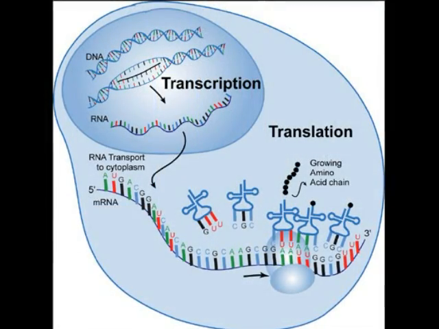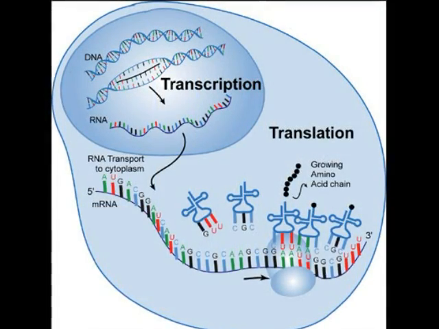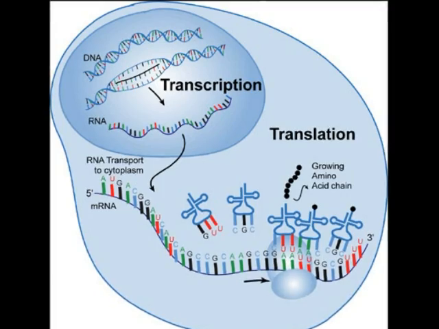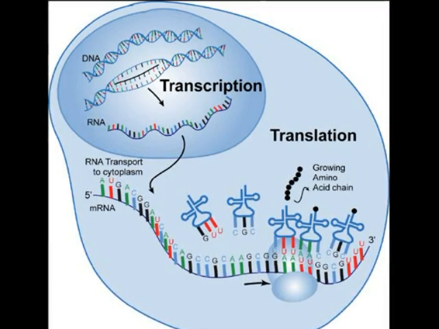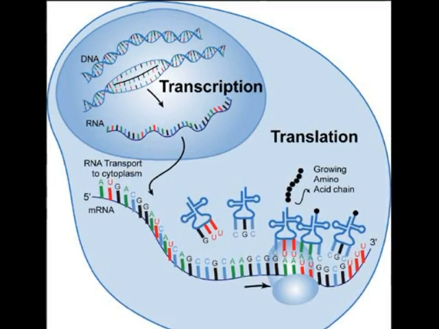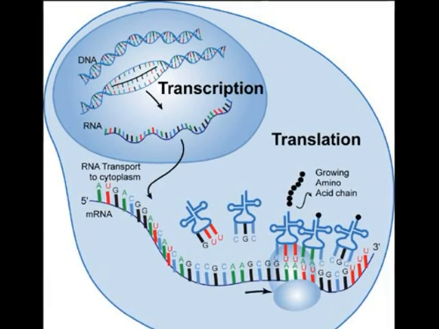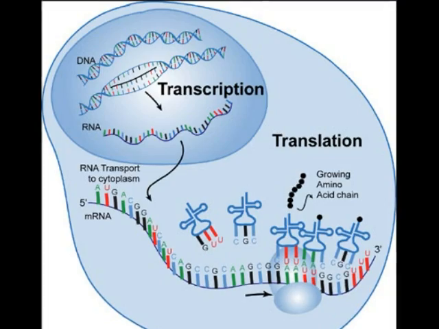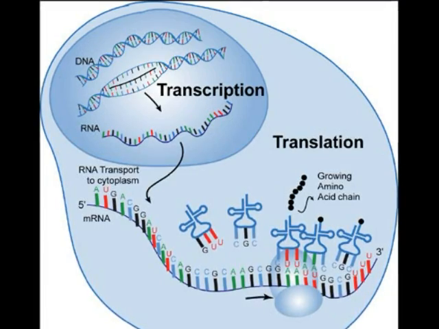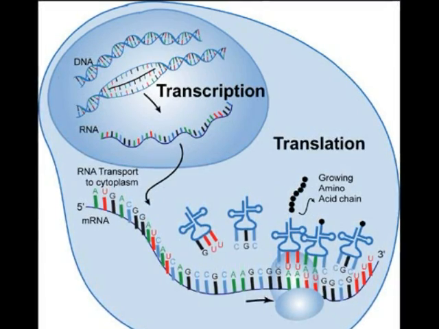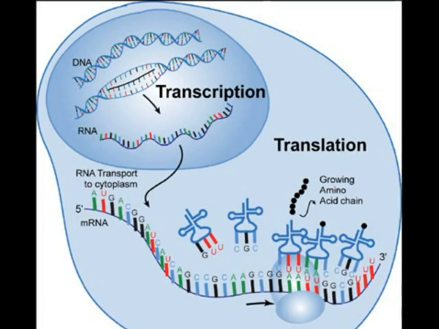This picture summarizes the entire process of protein synthesis. In the top left corner, you can see the DNA molecule being unzipped by the enzyme. That section, which is called a gene, is then being copied into mRNA through the process of transcription.